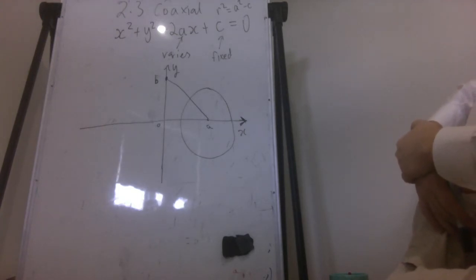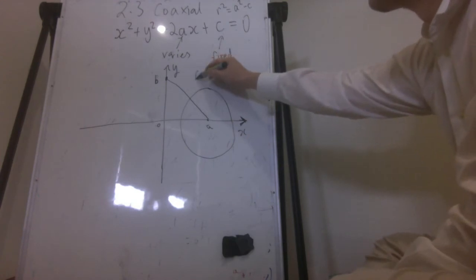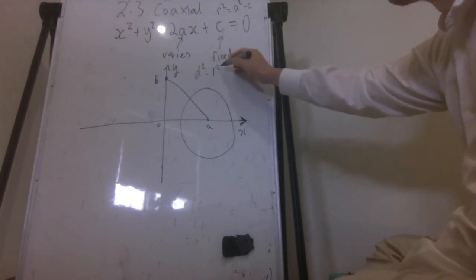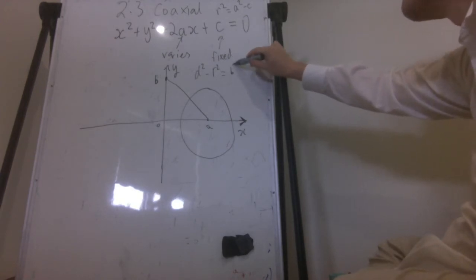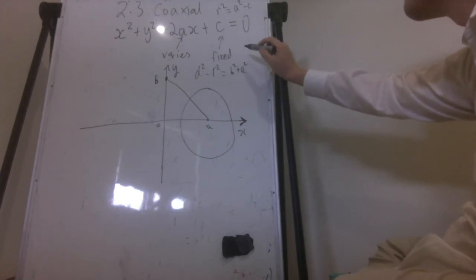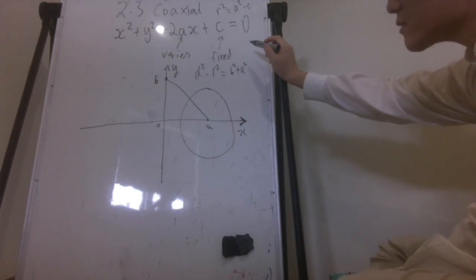You find the relationship immediately, and it's something that they use as well. So the power is d squared minus r squared, right? D squared is the distance, a squared plus b squared, right?